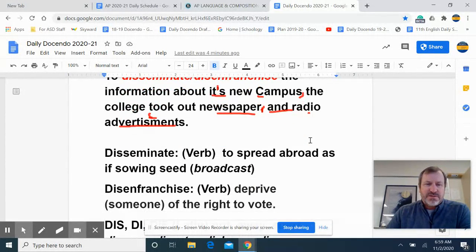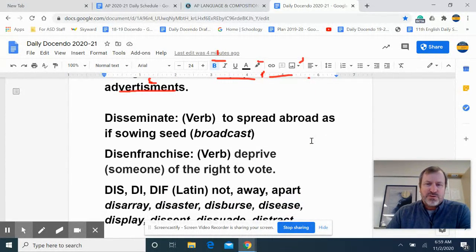Okay, now let's go to our definitions. We have disseminate. That's a verb, to spread abroad as if sowing seed. So when you disseminate things, information, or seeds in a garden, you're casting them out. By the way, the word broadcast, as in a radio broadcast or a television broadcast, comes from that same idea. It's basically a dead metaphor, talking about casting seed in the garden, you're disseminating it.